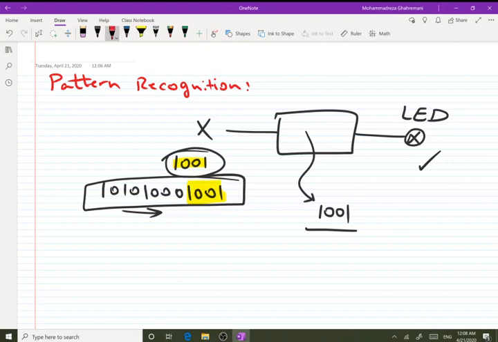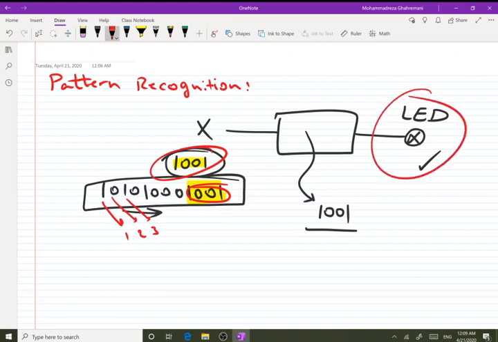So we apply the information one by one in order, and as soon as the circuit recognizes the pattern we want, the output will be set to 1. This is how a pattern recognition circuit works, and in this lecture we want to learn how to design a circuit which is able to recognize a pattern of digital numbers or binary values.